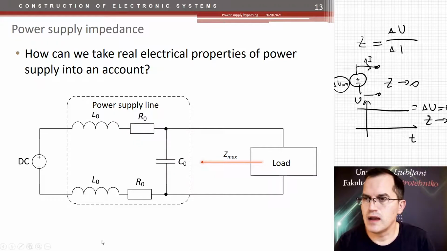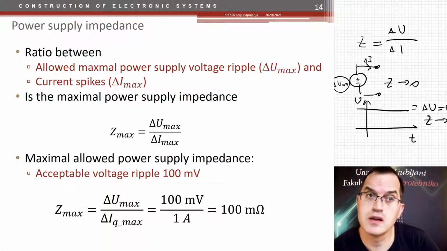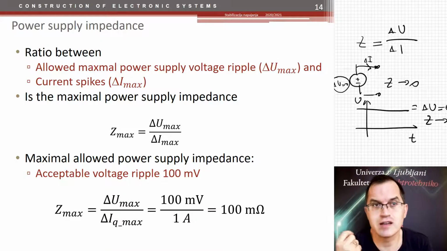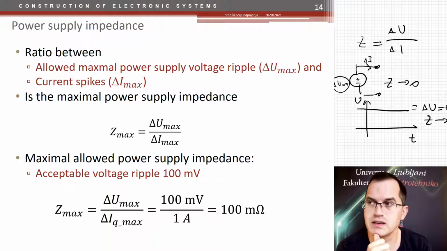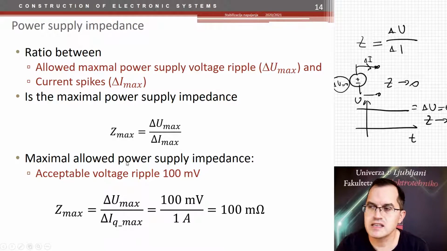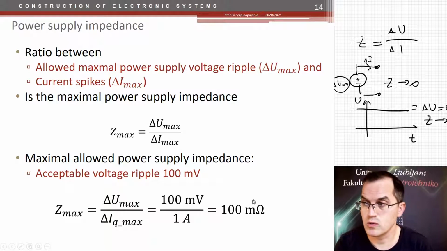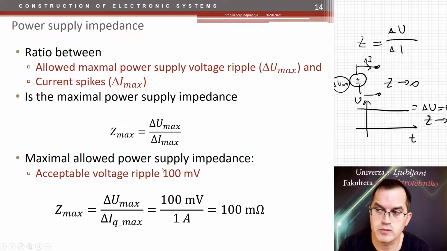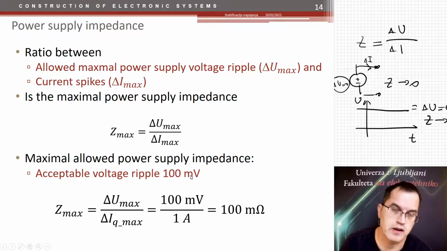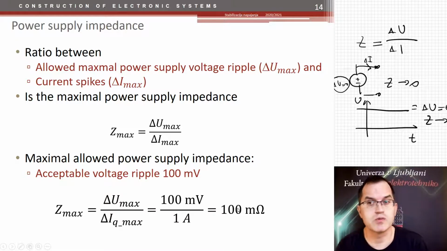Well, if you know the permitted voltage change, and if you know the size of the current spikes that are taken from the power supply, then you can define this maximum power supply impedance as this simple value: delta U over delta I. And the maximum allowed power supply impedance for our case, for example, would be in the range of 100 milliohms. Why? Well, the voltage ripple we are allowing is in the range of 100 millivolts and the current is 1 amp. So the impedance is 100 milliohms. This is what we have.